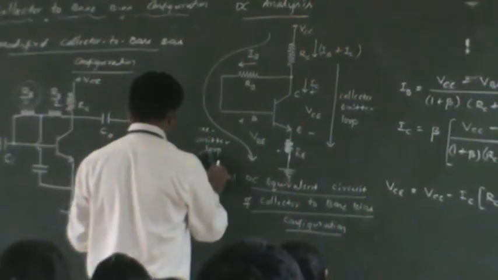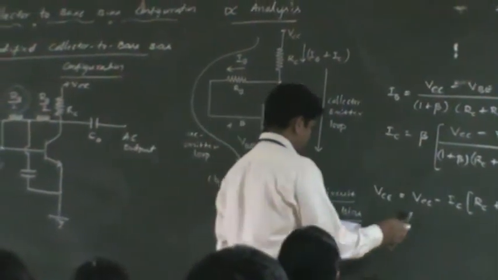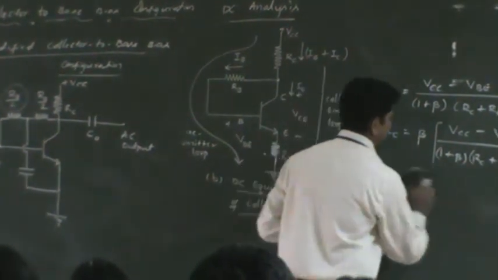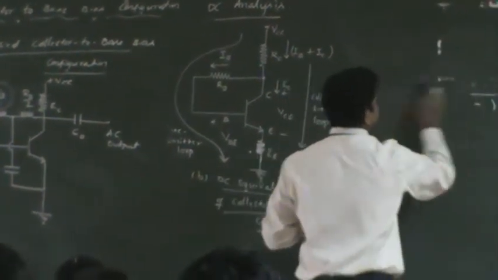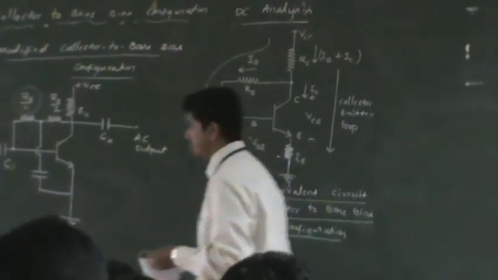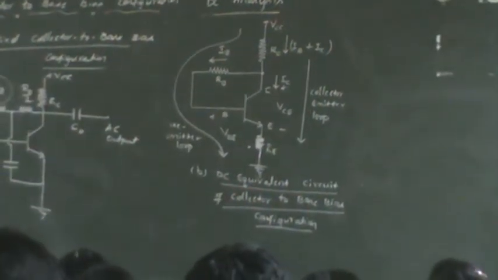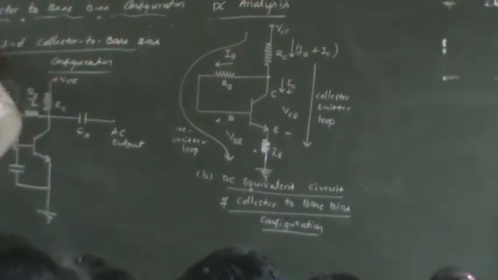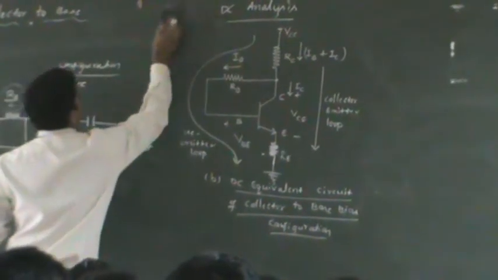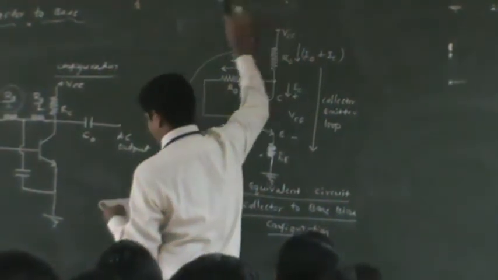The value of transistor gain beta is 100.